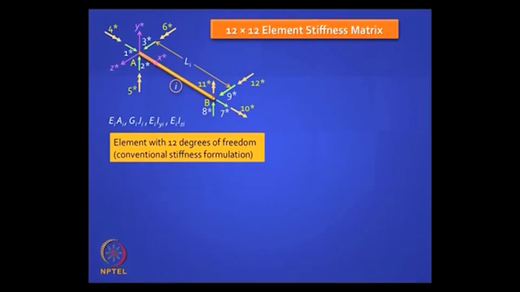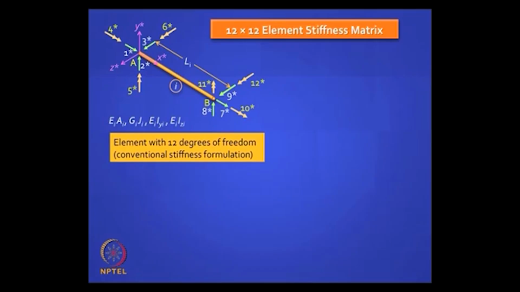That's if your section is not symmetric, then the principal axes do not match with your global axes or with your centroidal axes. So at the end node the corresponding degrees of freedom are 10 star and 11 star and 9 star. Okay, so you are familiar with all of them.